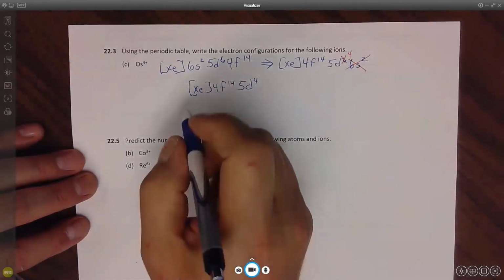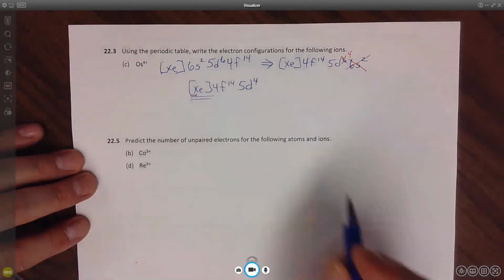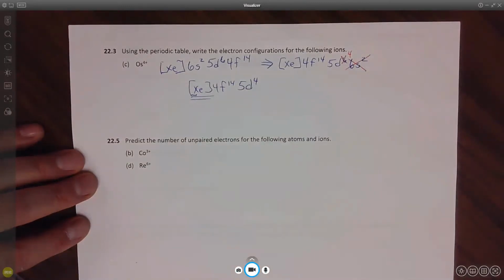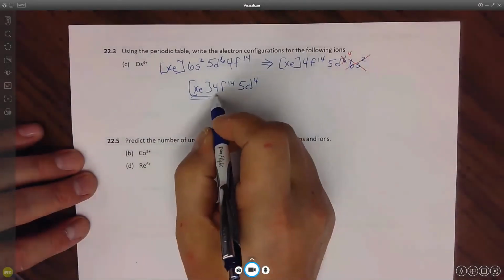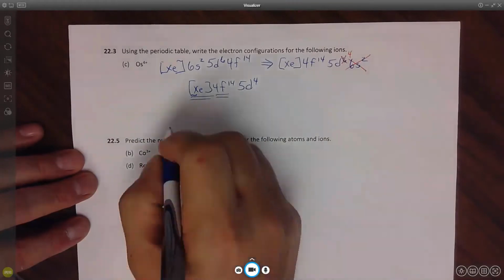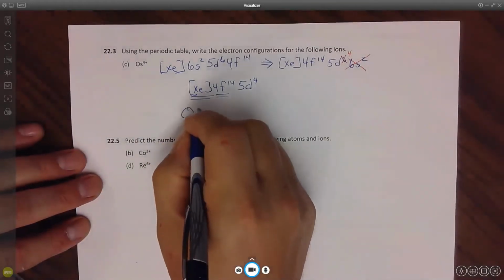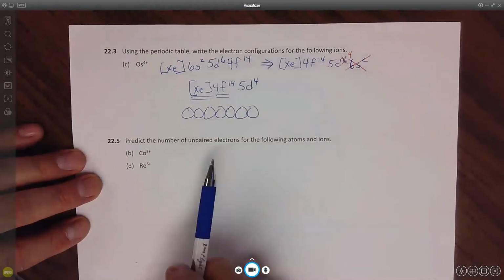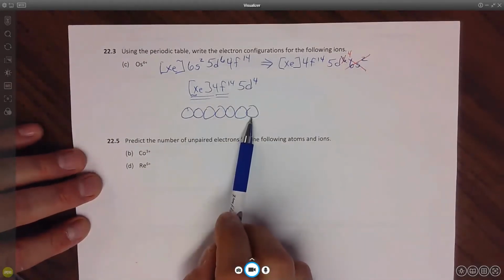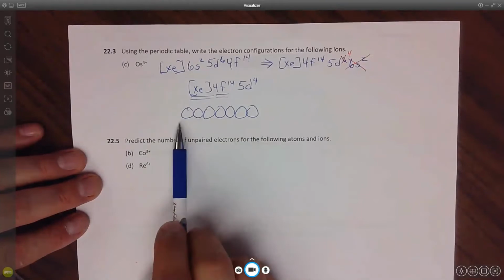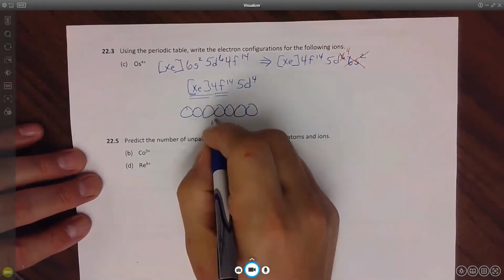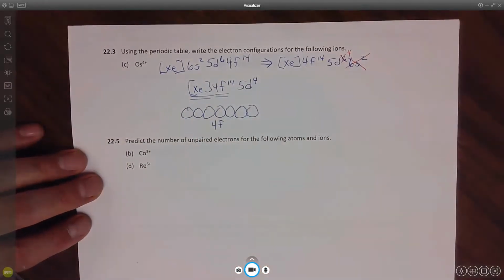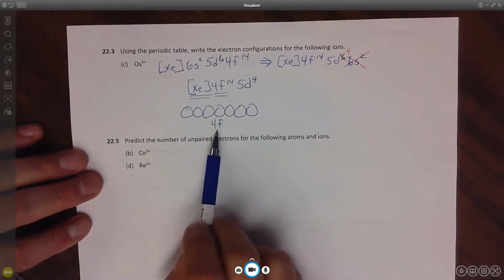Now we're always going to ignore the core, and we could also ignore any filled shells. That would have been 7 orbitals, 1, 2, 3, 4, 5, 6, 7. I don't care if you write circles, lines, or squares to represent your orbitals, but you do need to include all of them, whether they have electrons in them or not, and they do need to be labeled, okay?